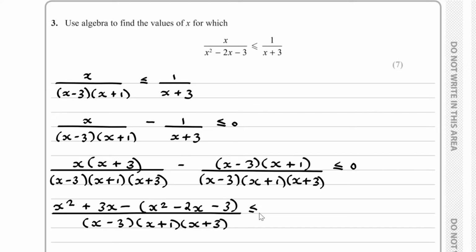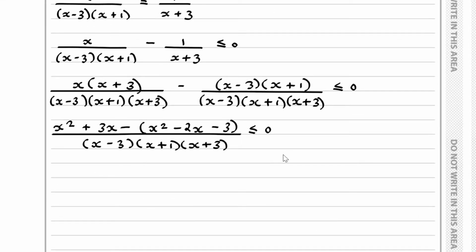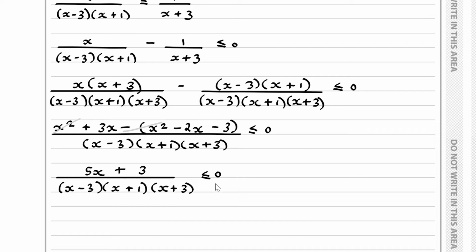And all this is less than or equal to 0. And on the top, if we tidy that up a little, hopefully you can see the x squared cancels, and therefore on the top we have 3x minus 2x, which is 5x, and then we have minus 3, which is plus 3. So on the top we have 5x plus 3 over x minus 3 lots of x plus 1 lots of x plus 3 being less than or equal to 0.